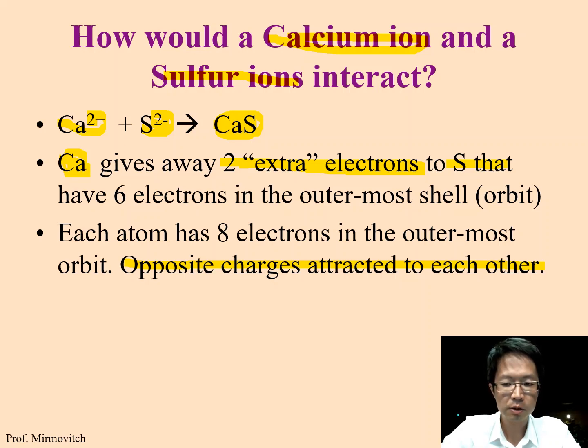So one becomes calcium 2+, one becomes sulfide 2-. Because opposite charges attract, the attraction force between the opposite charges, we call it ionic bond.